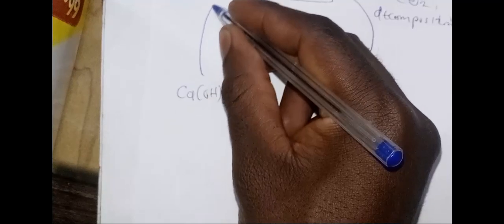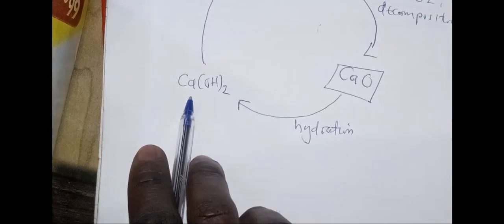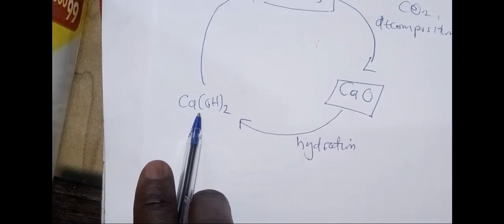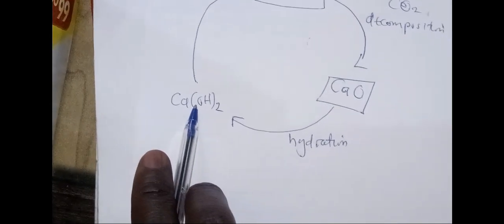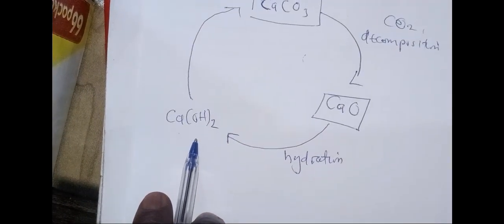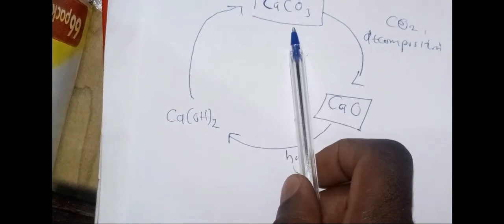And then to the calcium hydroxide, they bubble through carbon dioxide gas, and it goes back to calcium carbonate.